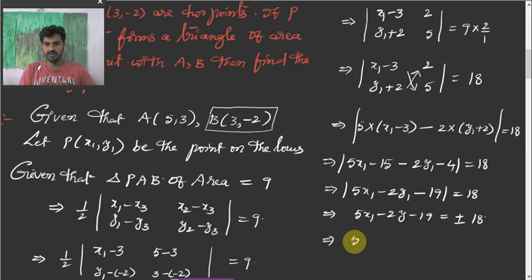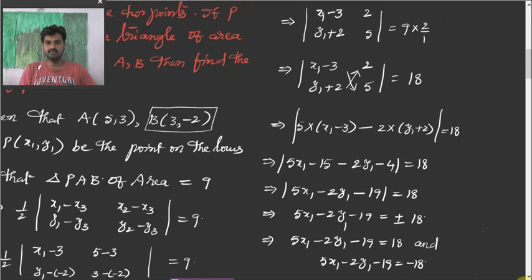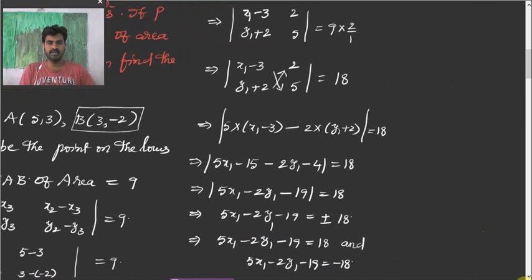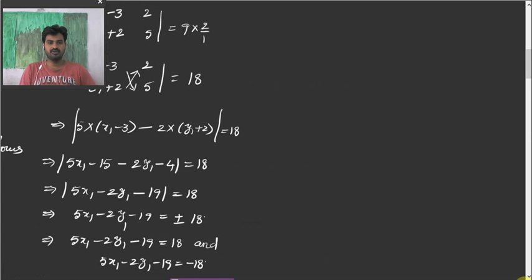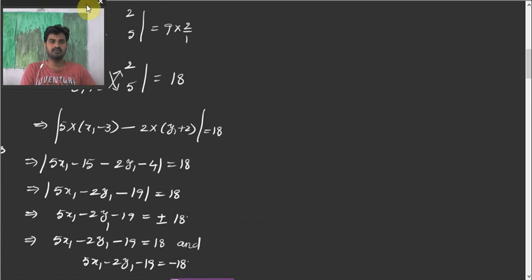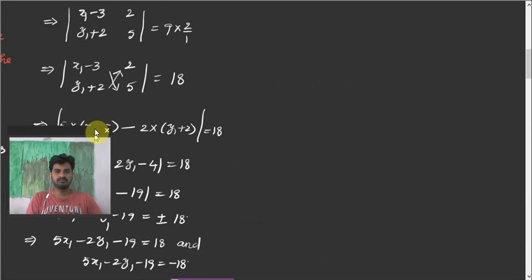Here 5x1 minus 2y1 minus 19, first of all you can take plus 18, and the second one 5x1 minus 2y1 minus 19 is equal to minus 18. So finally you can get this as the answer.